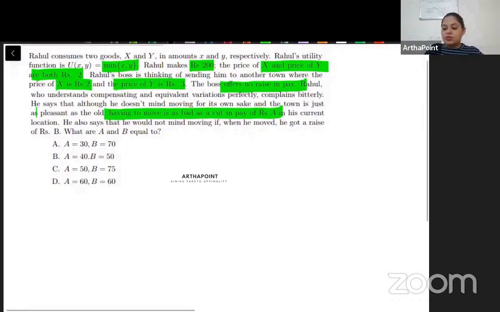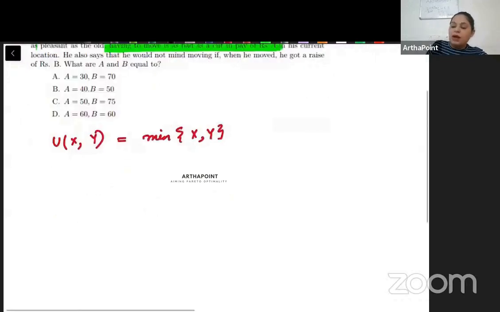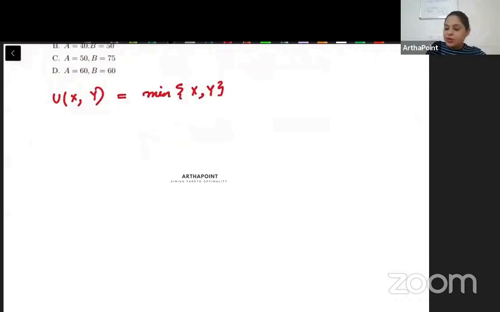Let's think about this. His utility function is given by min of xy. When it is a min function, I need to equate x to y. This is my equilibrium condition.